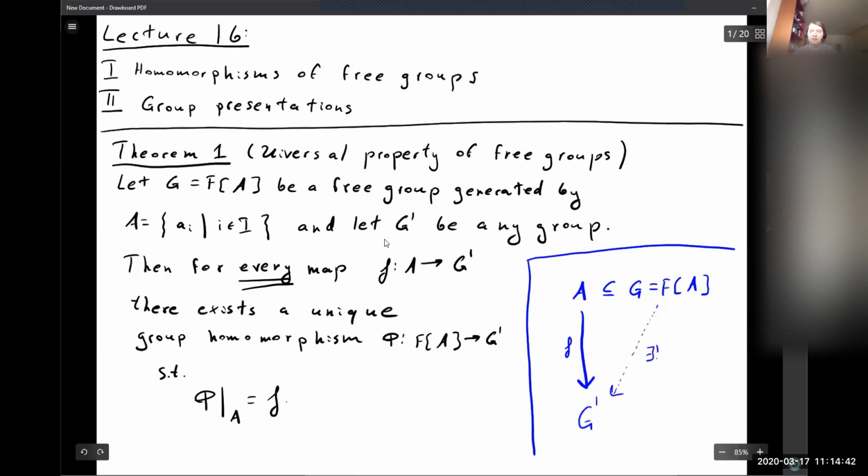So there exists a unique group homomorphism phi, which when restricted to the subset A coincides with f.